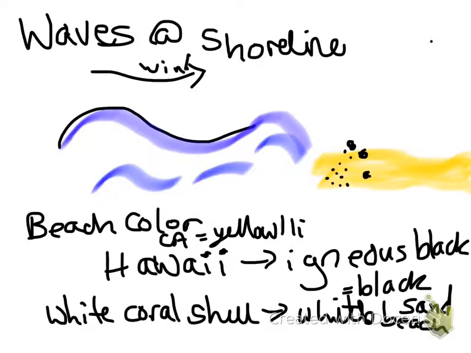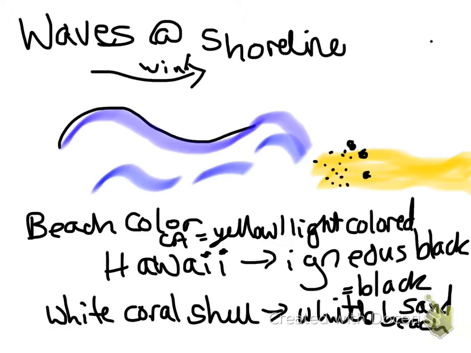And that's because there are light-colored minerals that make up the rock. And the minerals in the rocks, when the rocks break down, that's the color of your sand. So different materials of the rocks means there's going to be different sand as those are weathered and turned into sand. So that means we have different beach colors.